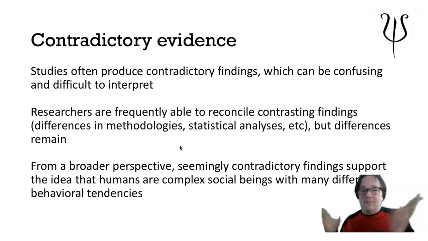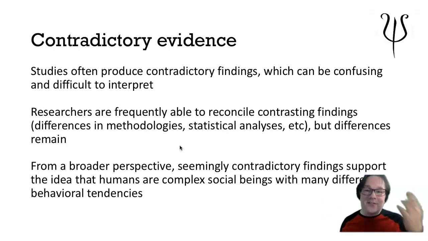Well, if other people have found wildly different things, it could be a real pain in the ass, trying to make sense of where your findings fit in, especially if it's a topic where there's a lot of contradictory results.